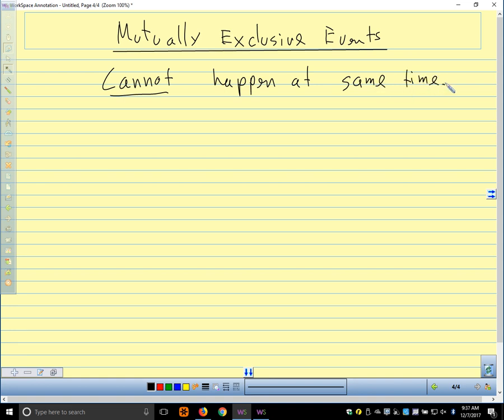So that would be, for example, you can't roll a 2 and a 6 on one die at the same time. You can only get it one way. So those events would be mutually exclusive.